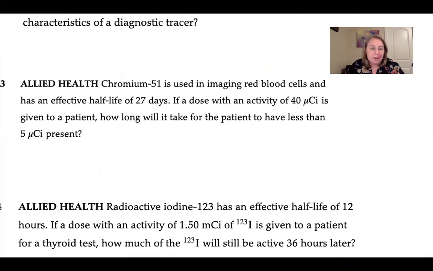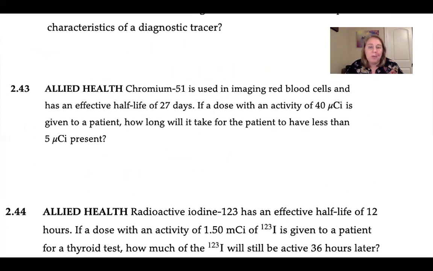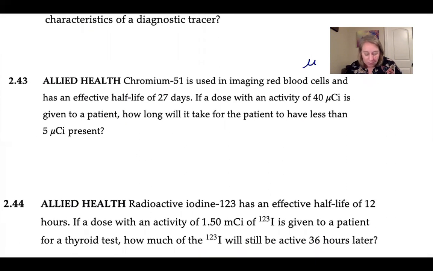All right, let's see. Chromium-51 is used in imaging red blood cells and has an effective half-life of 27 days. If a dose with an activity of 40 microcuries, that's with the little, it's the U with the little extra long thing, right, is given to a patient, how long will it take for the patient to have less than 5 microcuries present?